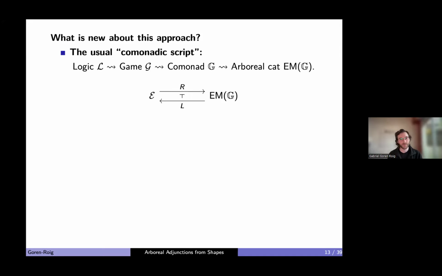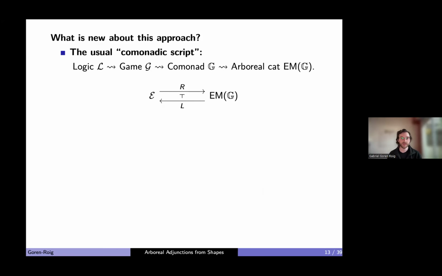I didn't really talk a lot about games, but this bisimilarity relation is nice to represent as a game played between the objects. So from the logic, there's a well-known game in the literature. This is the bisimilarity relation that I mentioned before.